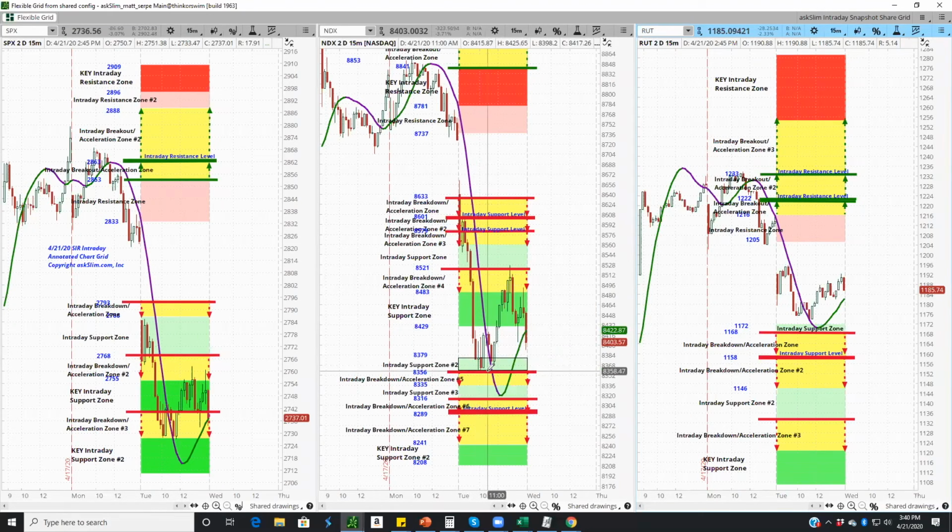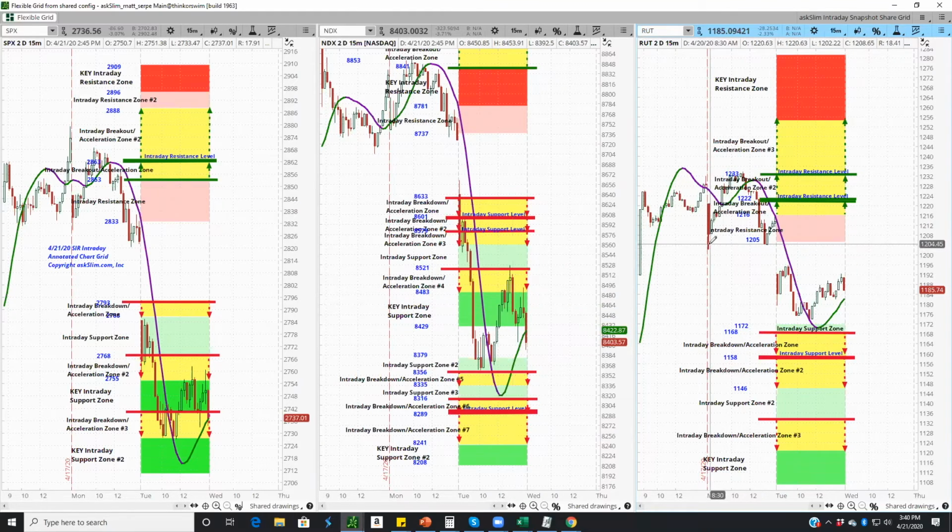We came in and tested the next levels of the acceleration zones, bounced off that support, and then accelerated quite significantly back. And that's what's anticipated based on the analysis as we got through this key support area, that there would be some reversal back into it, and that's what we saw today.